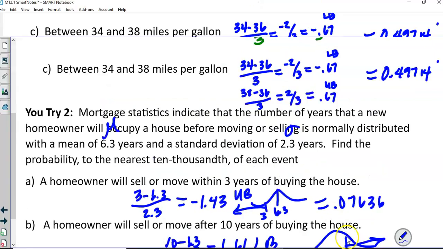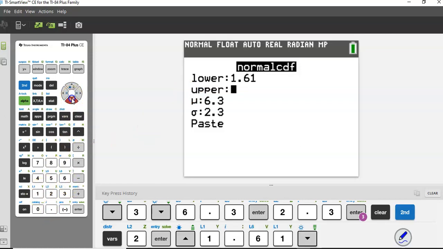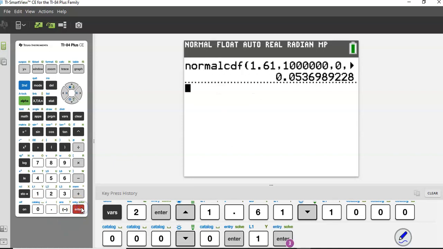And our upper bound was going to be 1 million, so let's put 1 million in here. And then again, remember our mean is 0 if we're using the z-score, and our standard deviation was 1. So we're clicking enter again.